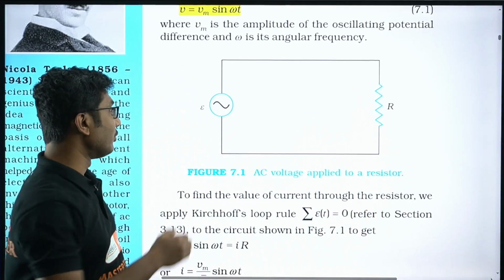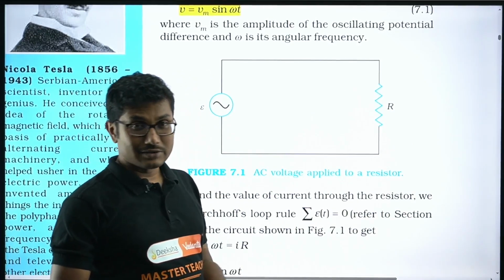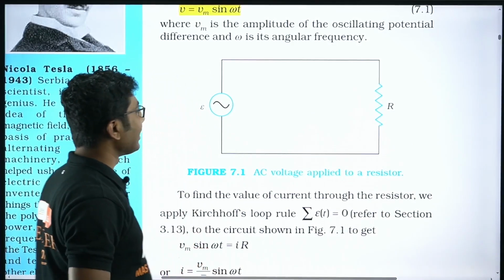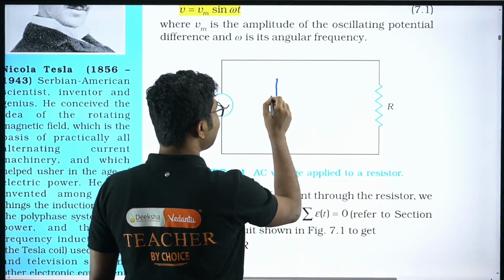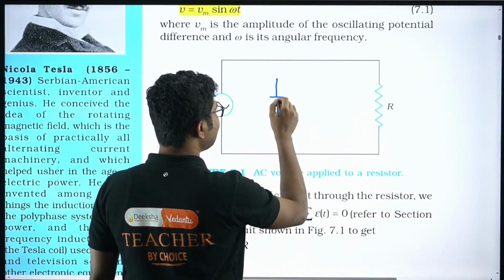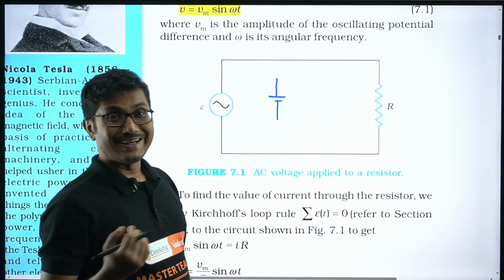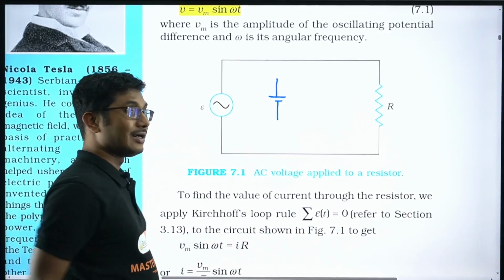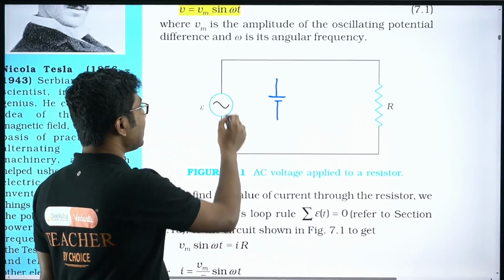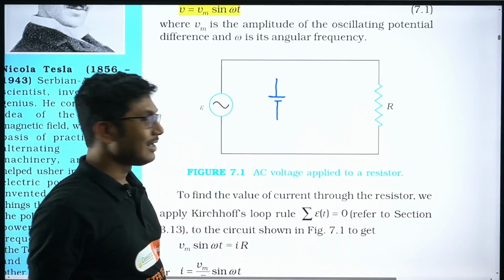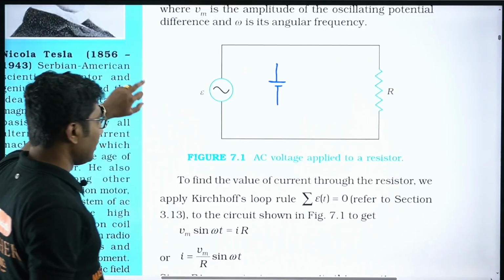We know the symbol for a DC source, right? A DC source is represented like this, but a DC source supplies voltage steadily. It does not represent the variation of voltage, so that's why AC sources are represented like this. Should remember that.